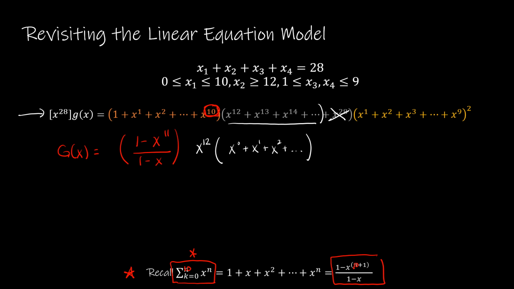And then for our third and fourth value, before I can write it as a finite series, I need to think about the fact that the first value is x to the 1st and not x to the 0. So what I need to do is factor out an x from this series, but because there's two of them, I'm basically taking x times x to the 0 plus x to the 1 plus x squared, and then times that exact thing again.